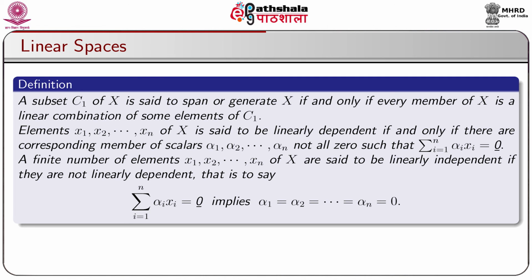A finite number of elements x1, x2, ..., xn of capital X are said to be linearly independent if they are not linearly dependent. That is to say, sigma i equal to 1 to n alpha i xi equal to 0 implies alpha 1, alpha 2, ..., alpha n are all equal to 0 simultaneously.